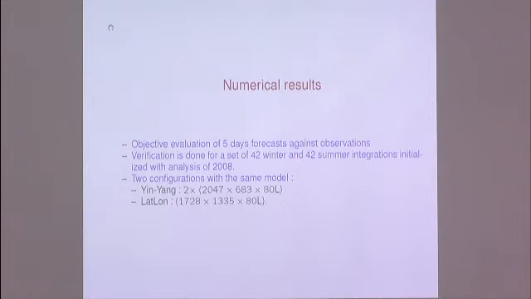I will use two configurations. The lat-lon is 15 kilometers at the equator, but only 50 kilometers at Canada. People who work with lat-lon want me to compare with Yin-Yang at 15 kilometers, because they said if it works, they will go with it.